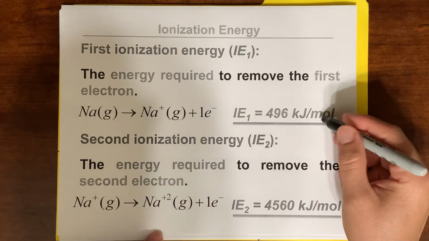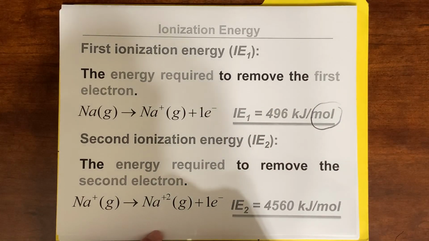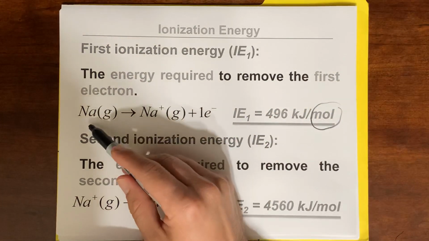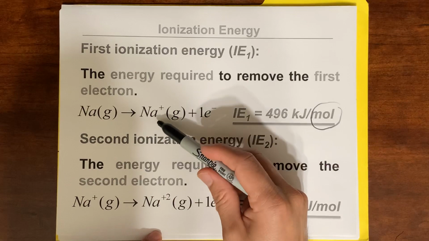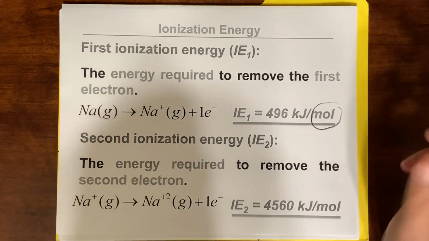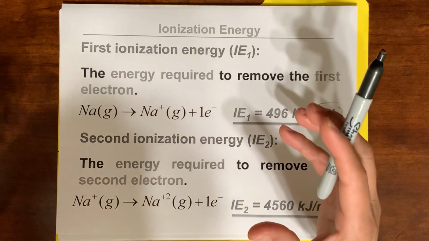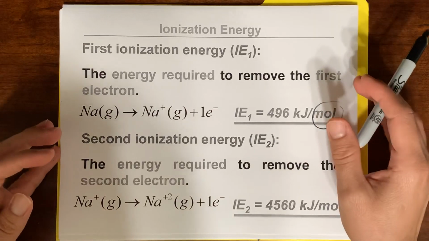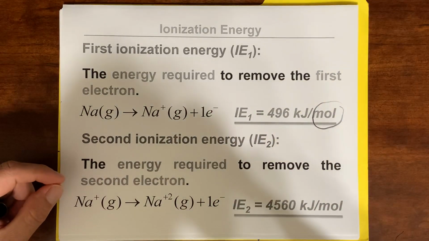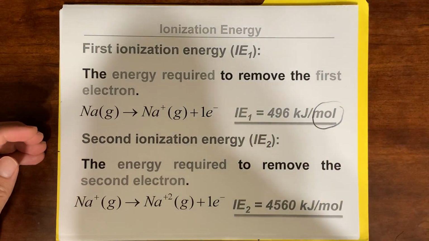Why do we call it kilojoule per mole? Why do we use mole? If you want to calculate the energy of taking just one electron, you have to start with one sodium, and then you get one sodium ion plus one electron. Energy is going to be so small that it doesn't matter which device you are using, the error you will have can be close to the energy that you calculate.